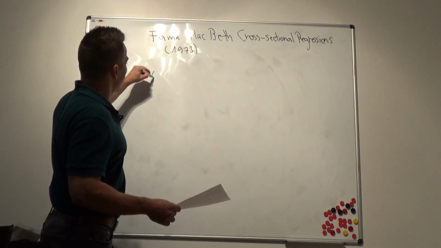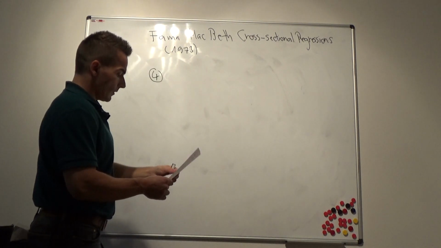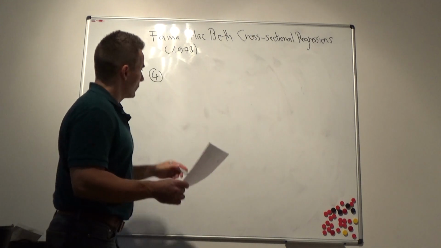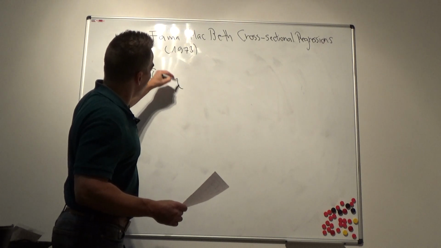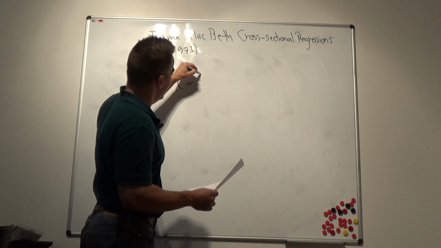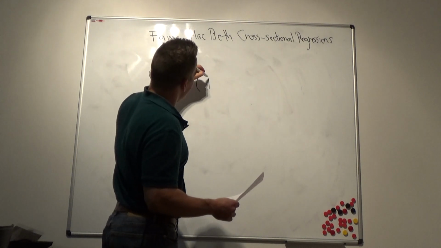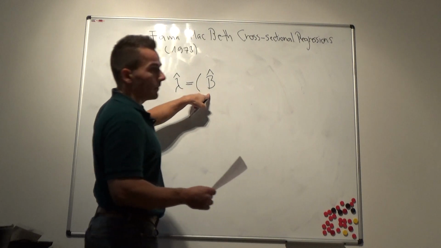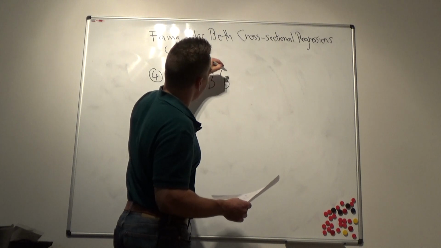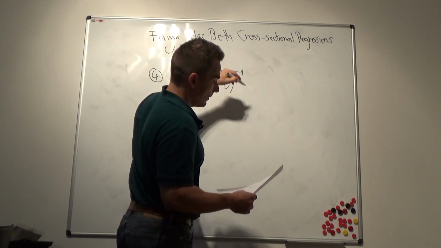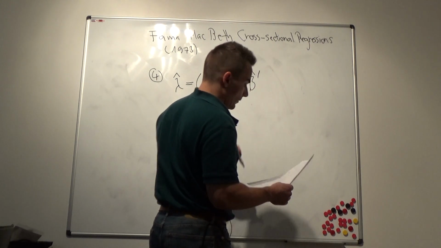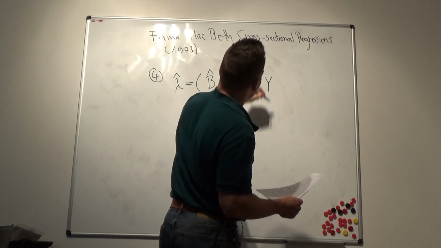So the fourth step is now our second regression, the cross-sectional regression. What we get is a vector lambda hat, defined as, surprise, surprise, we take our capital beta hat matrix that we defined earlier, transposed, times itself, inverted, times capital beta hat transposed times y.